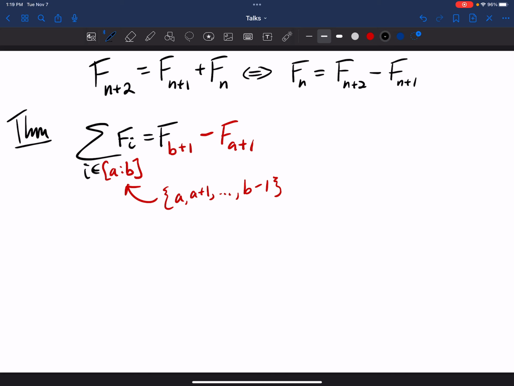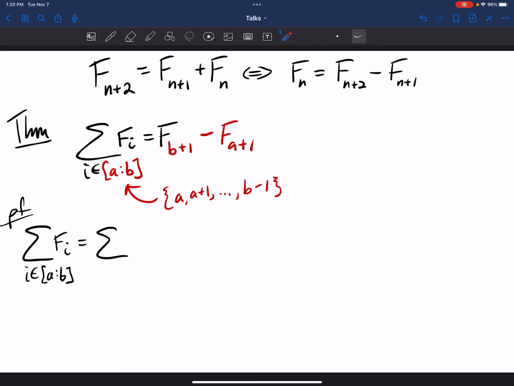I guess we just need to write the sum and then replace it with this other equivalent form. So I write a to b here. This is equal to, by this fact, the sum from a to b of f(i plus 2) minus f(i plus 1).